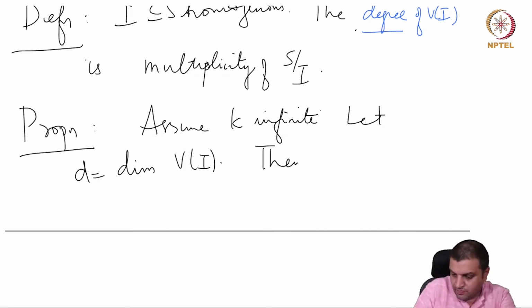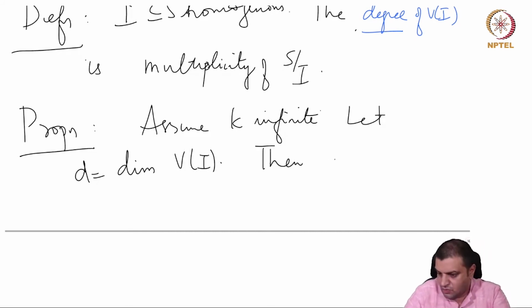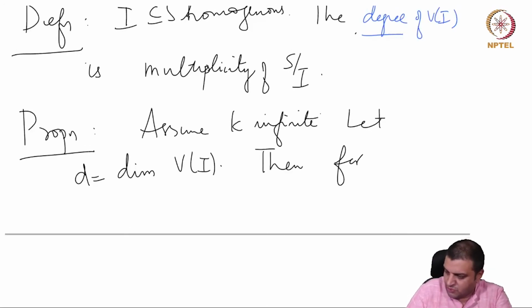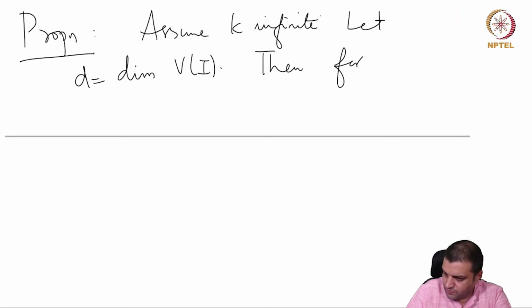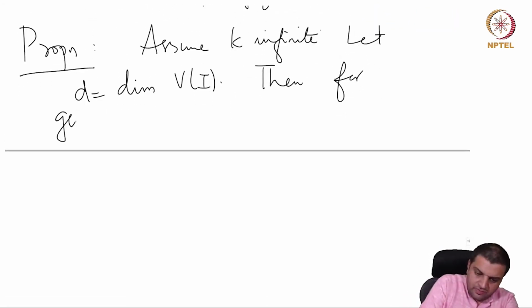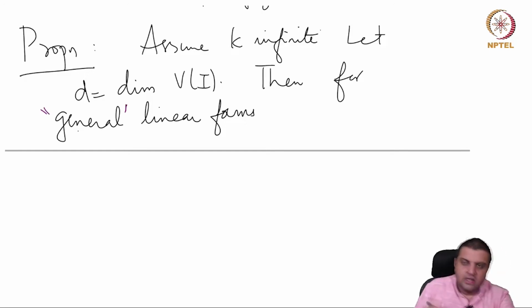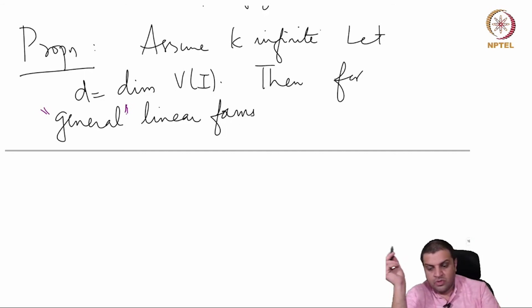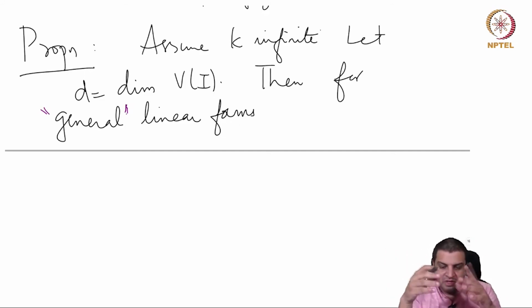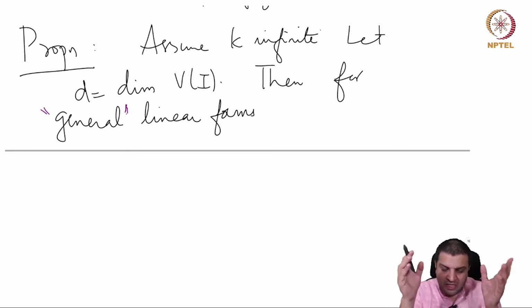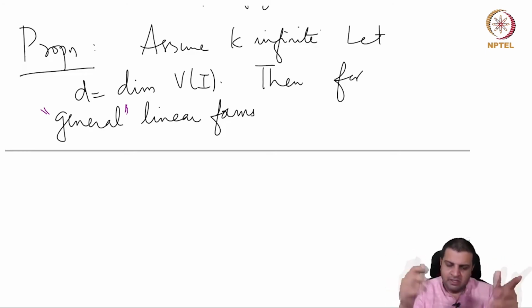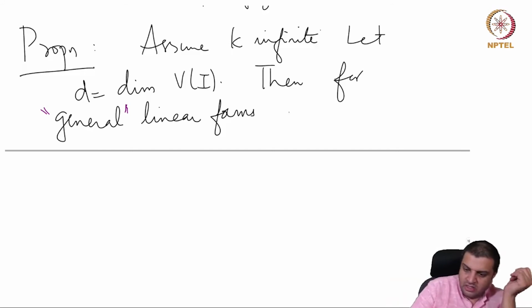Then for general linear forms, so what does that mean? It means that you just randomly pick something, as long as we allow the coefficients to be arbitrary. So general linear forms L1 through Ld.